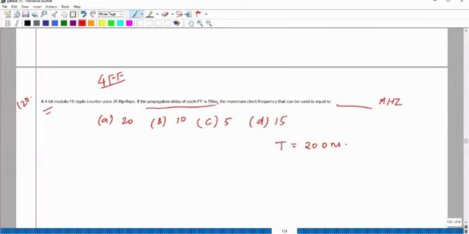So what is F? F is equal to 1 divided by T. So 1 divided by 200 into 10 power minus 9. So what you will get? 10 power 7 divided by 2, right? So 5 megahertz.